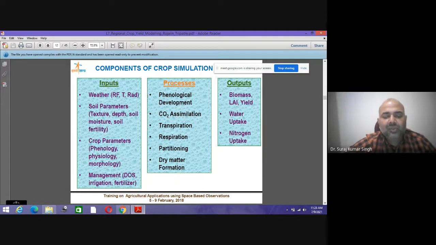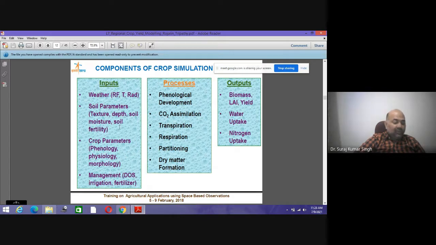So when you are going for any crop forecasting or crop modeling, there are three stages through which your data has to be constructed. The first is input. Input data is the weather data, whether you talk about rainfall, temperature or radiance. Those are important parameters, because the entire cropping pattern or the crop depends on these parameters.